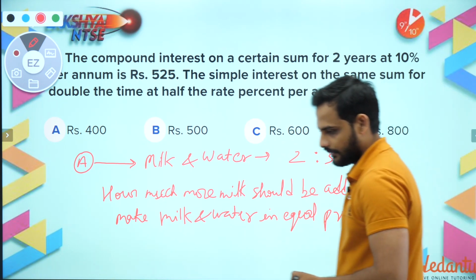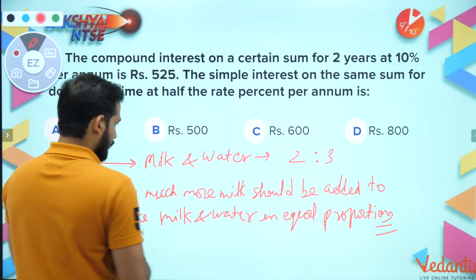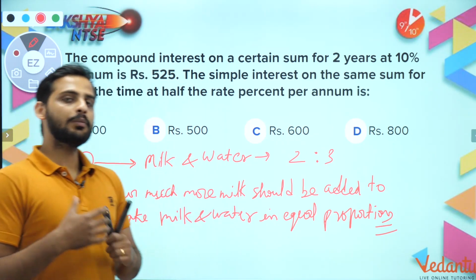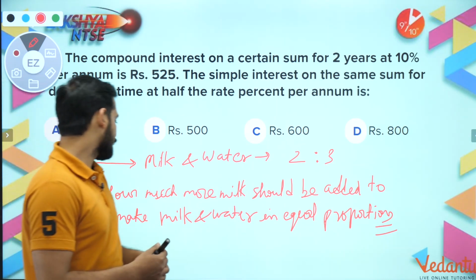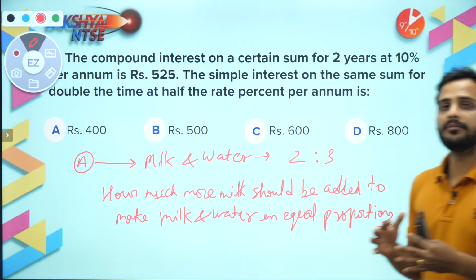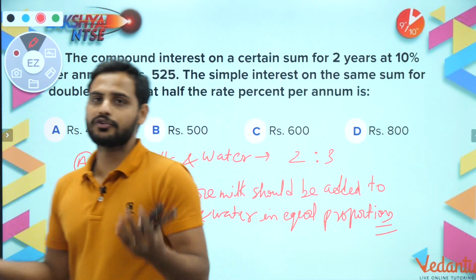Okay, so the question is, you have a mixture whose milk and water are in the concentration of 2:3. How much more milk should be added so that the concentration in the final mixture will become equal? Both milk and water are equal.